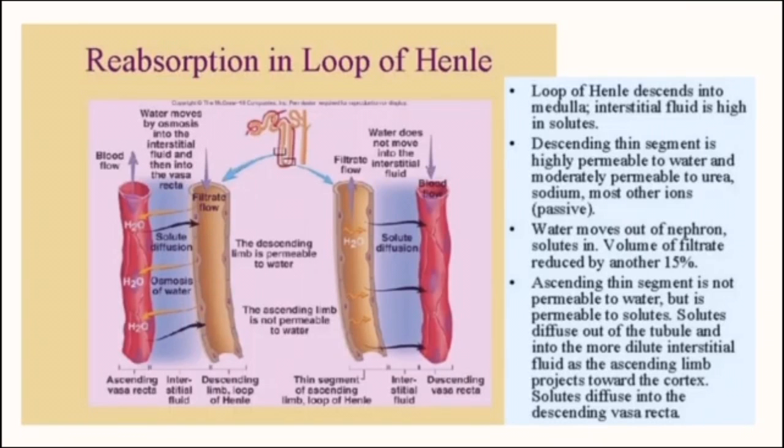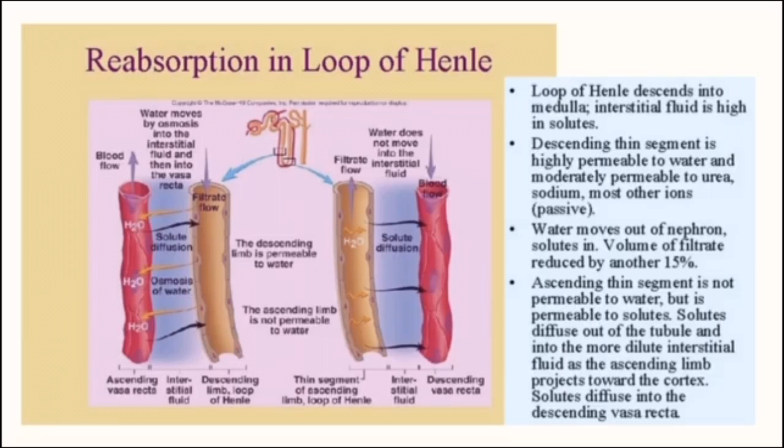So, the reabsorption in the loop of Henle. The wall of the thin segment of the descending limb of the loop of Henle is permeable to water and, to a lesser extent, to solutes. The interstitial fluid in the medulla of the kidney and the blood in the vasa recta have a high solute concentration.